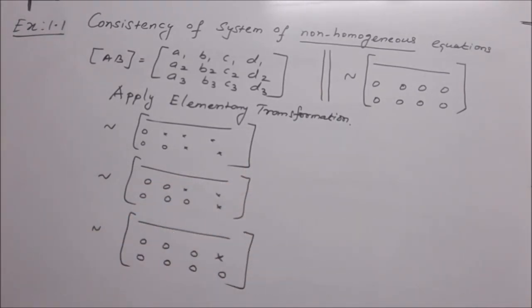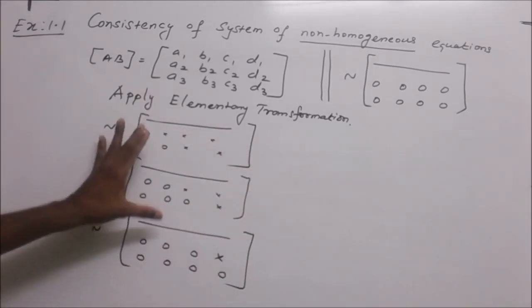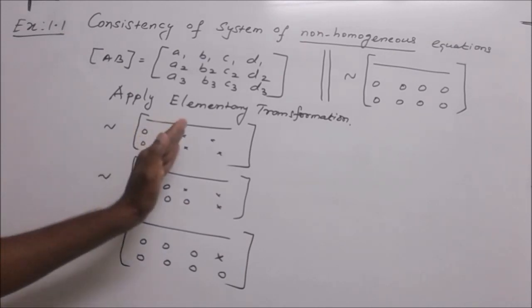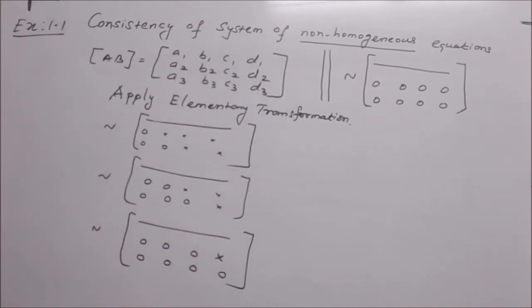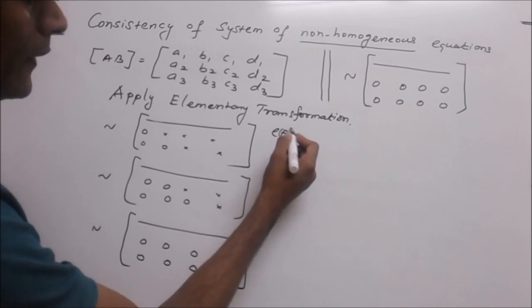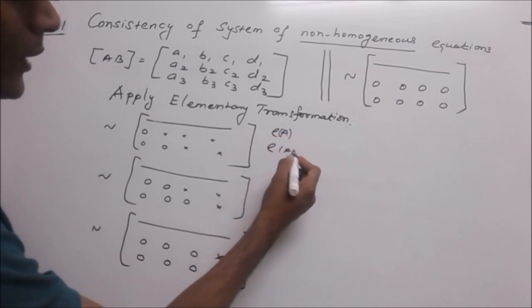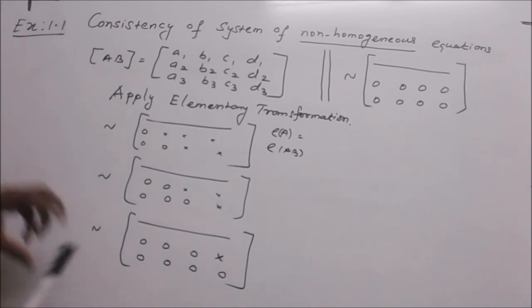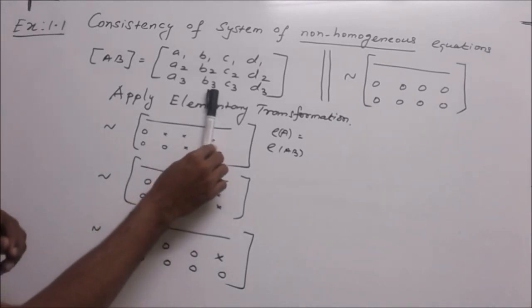Okay. After getting this equivalent matrix, they are in echelon form. We can consider rank. How to consider the rank of these four matrices? First, you should find the rank of A. Then you can move to rank of AB. To find rank of A, close the last column.